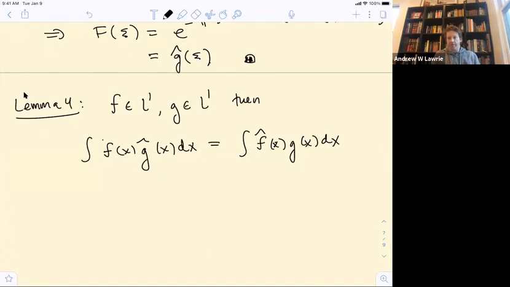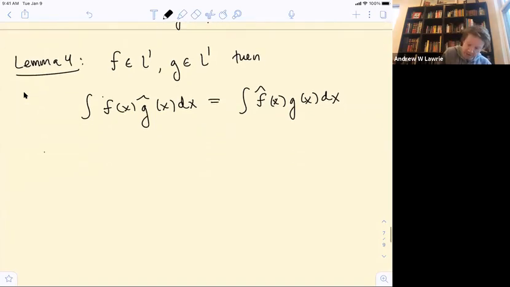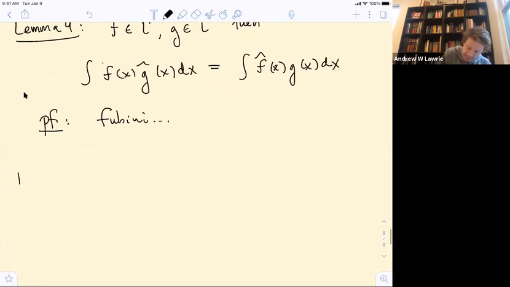So you can move the hat across: if I have an integral of f times g hat, then it's the same as the integral of f hat times g. And the proof of this is again Fubini. Okay, now the proof of the inversion.